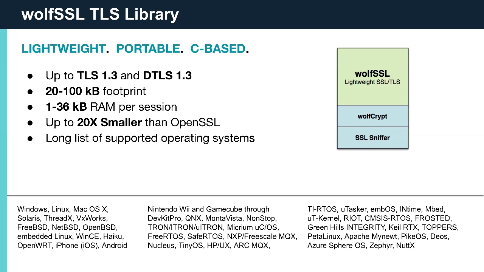Footprint size, in comparison to OpenSSL, can be up to 20 times smaller. So especially if you're trying to fit a TLS library down on an embedded resource constrained device, of course, that can be much easier. We support, like I said, 30 to 40 operating systems now. Most of definitely your standard Windows, Linux, Mac, most of your embedded RTOSs all the way down to a bare metal environment.